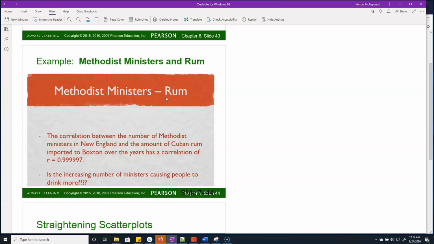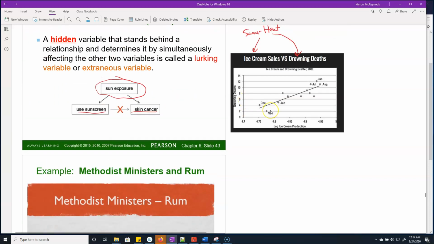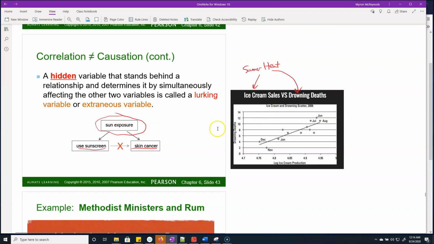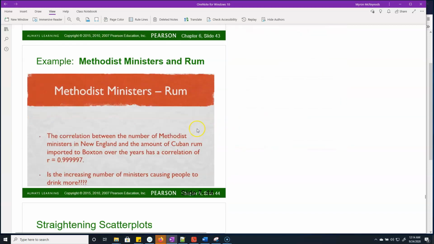Sometimes it's just a coincidence that they're correlated. This wasn't a coincidence. There was a variable lurking behind it, but other times it's just a coincidence. Or maybe there's just something else going on in the background, but that just seems like a coincidence. There's a lot of them that are just coincidences, and that's what's causing it.